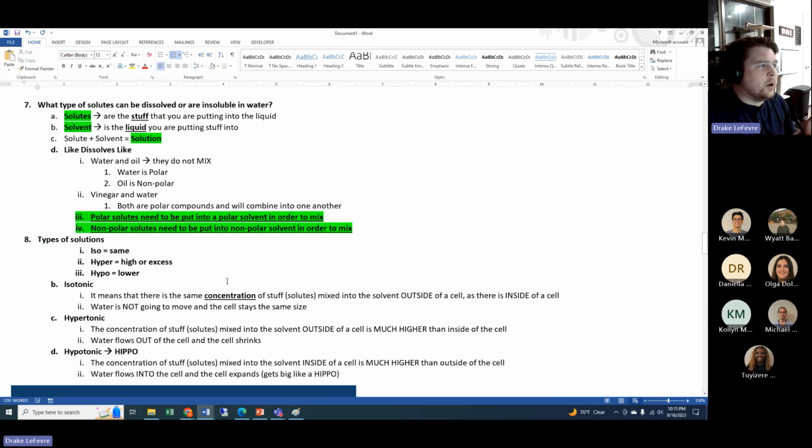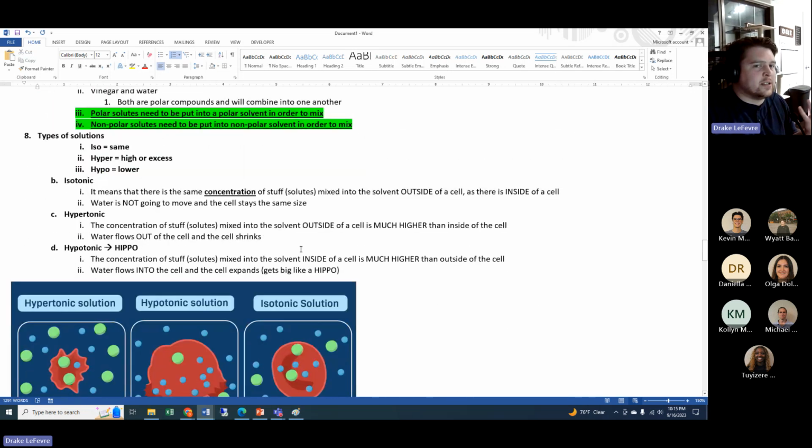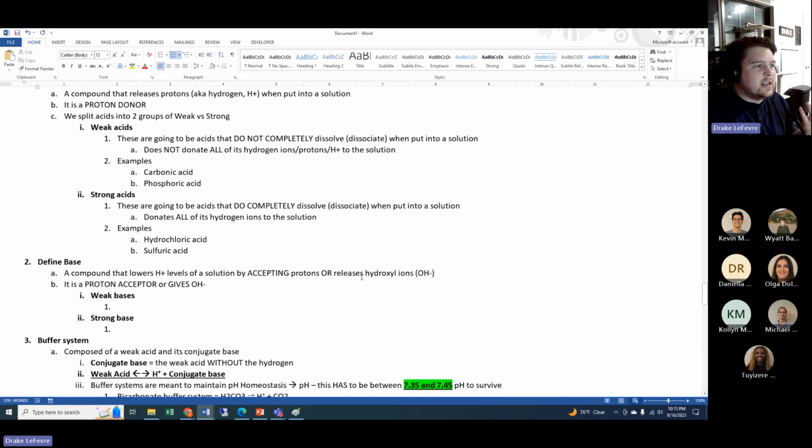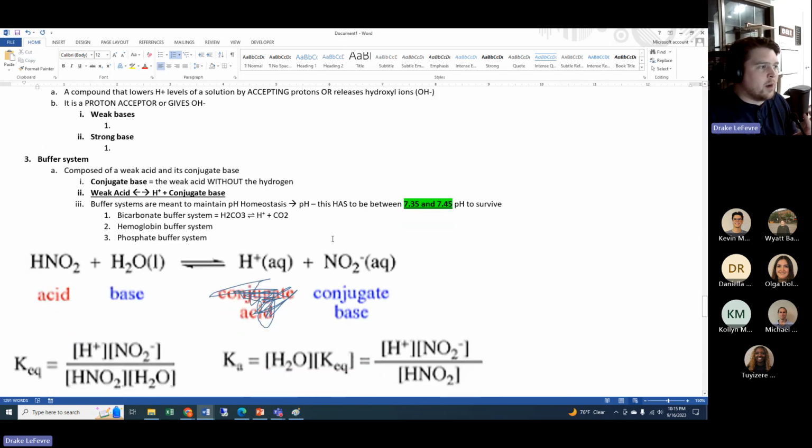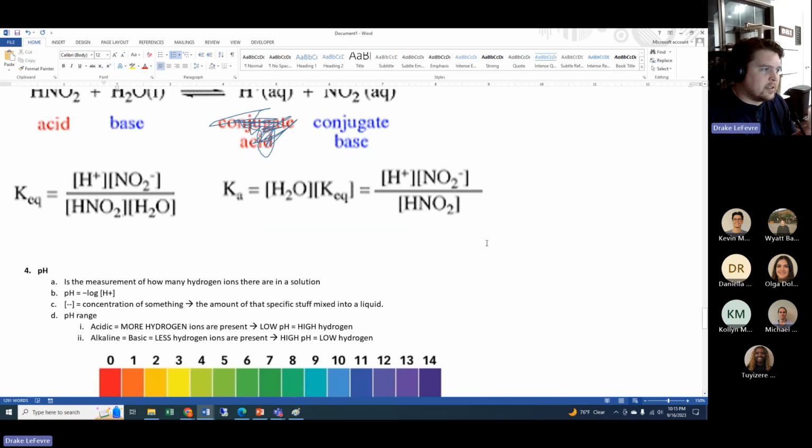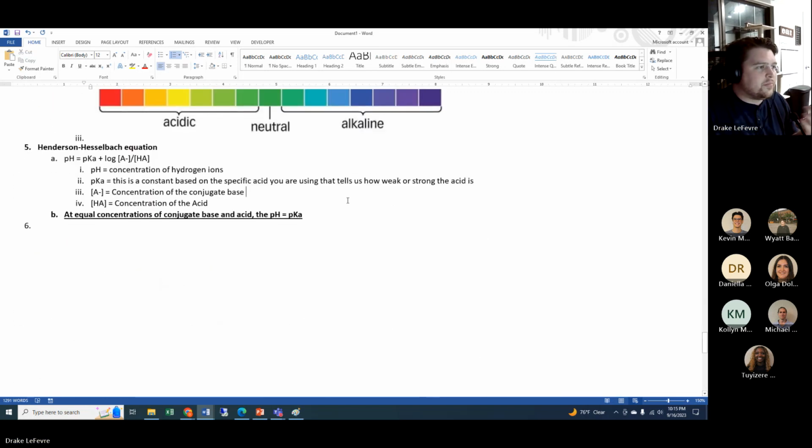If at any point you get confused by vocab, like solute versus solvent versus aqueous solution, molecule versus compound, that is where sometimes stuff gets lost. If it takes you a long time to read and understand the question, you don't have as much time to answer it. That's where people tend to struggle with this class: understanding what the questions are asking and what the answers are saying in order to answer appropriately.